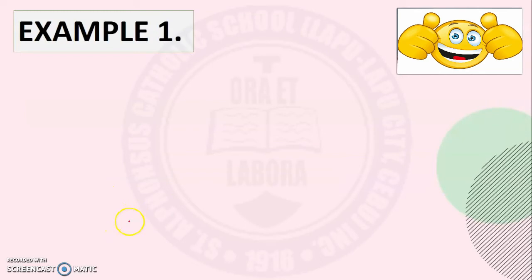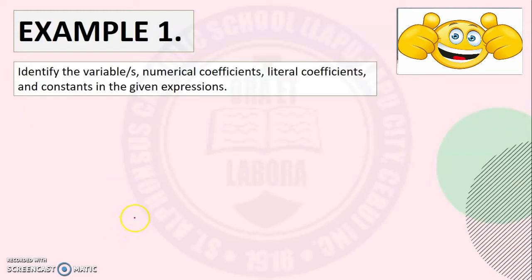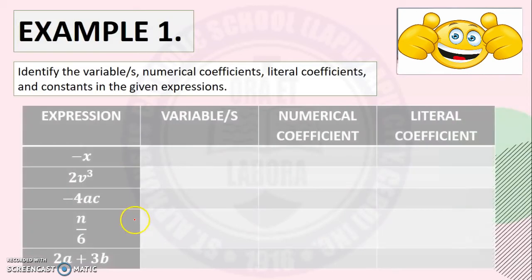Okay, now let's have examples. Let's identify the variables, the numerical coefficients, the literal coefficients, and constants in the given expressions. Let's have the table. We have example number 1, negative x.